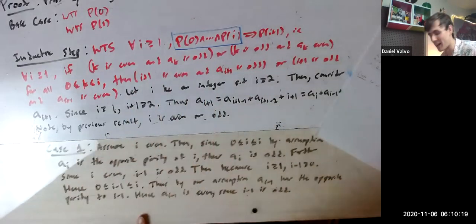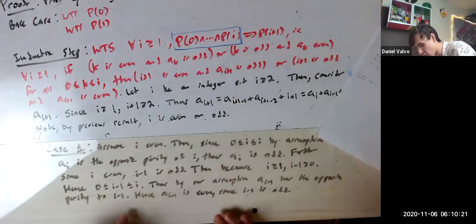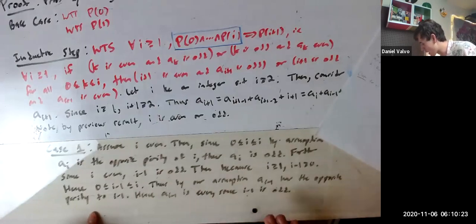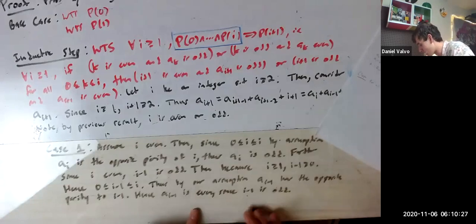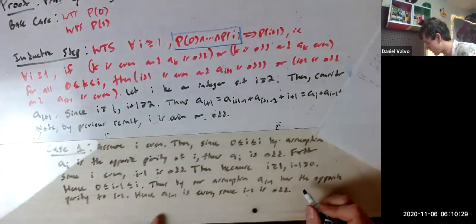But anyway, so the point is, a_{i-1} is the opposite parity to i minus 1. Hence, a_{i-1} is even, since i minus 1 is odd.